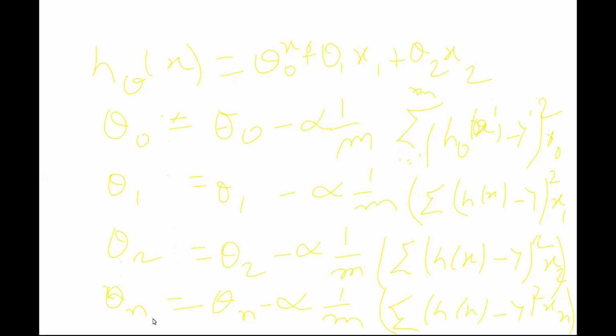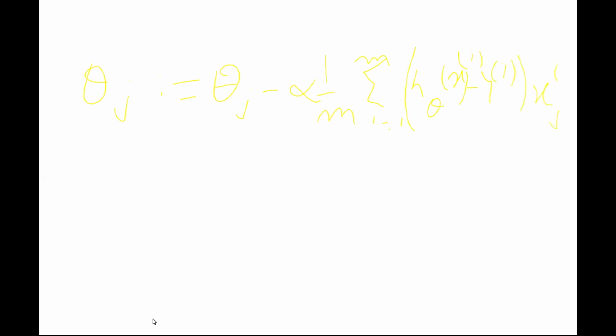So instead of writing all the equations separately, for notation we write it like this: theta j can be equated with the previous theta j minus alpha 1 upon m, then summation from i equal to 1 to m of h theta x_i minus y_i into x of j.